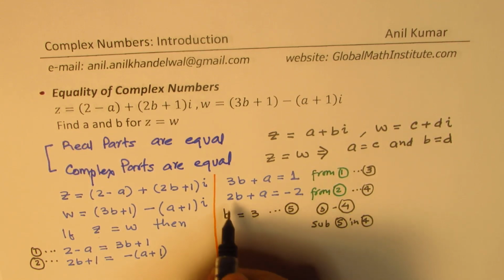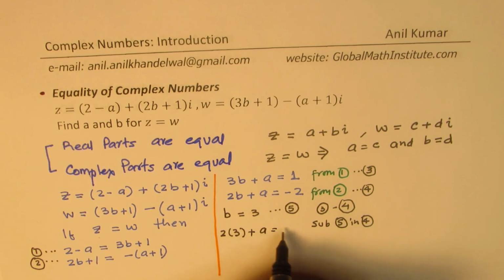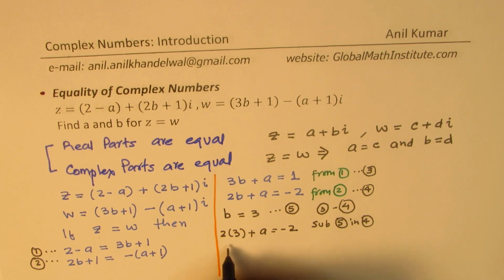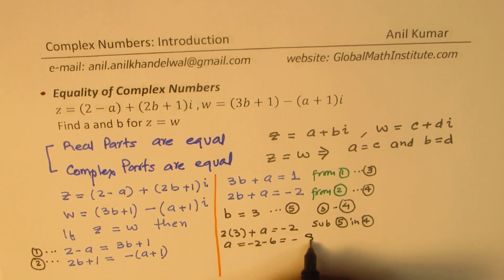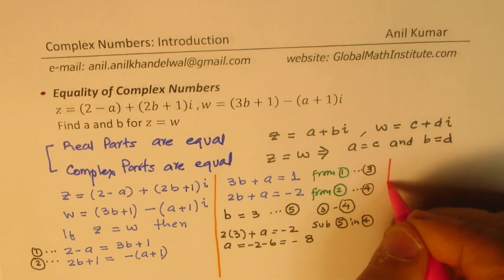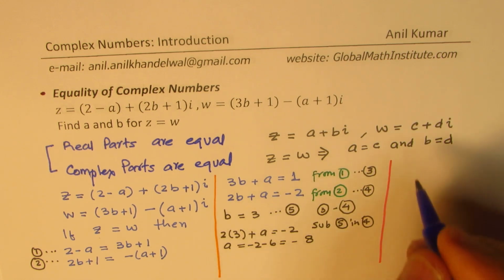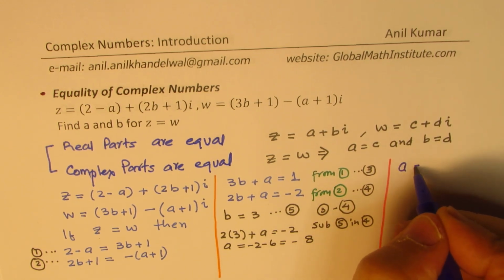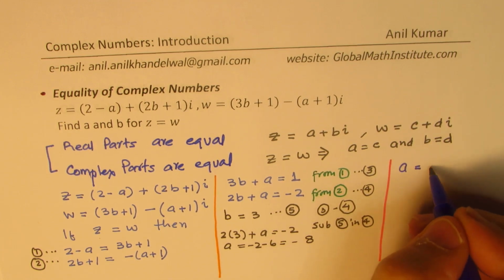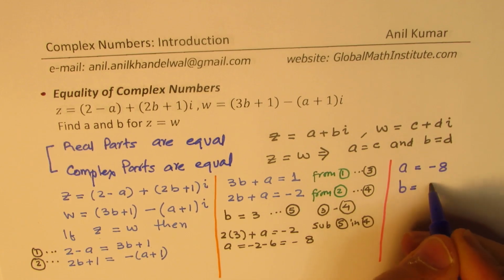If I do that, we get 2 times 3 plus a equals minus 2, and that gives me a equals minus 2 minus 6, which is minus 8, correct? So our solution in this case is that a is equal to minus 8 and b is equal to 3.